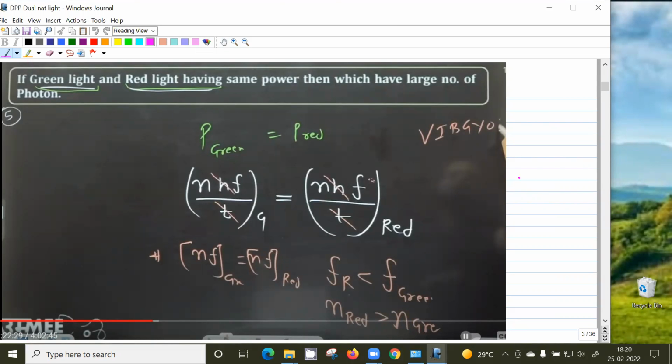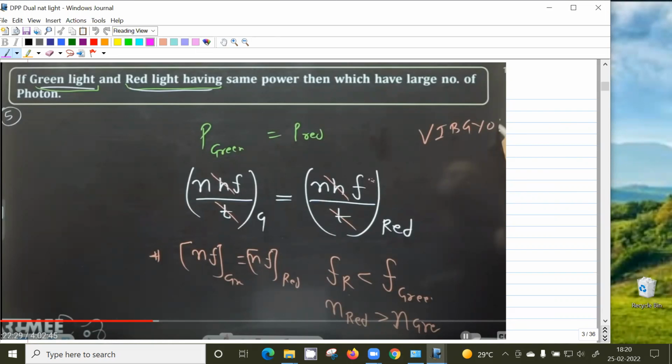h nu, sir. Yeah, h nu. So nu is frequency, right? Which color has more frequency, green or red, or both are the same? Red has more frequency than green. Think properly. Green has more energy compared to red, but red has more frequency.